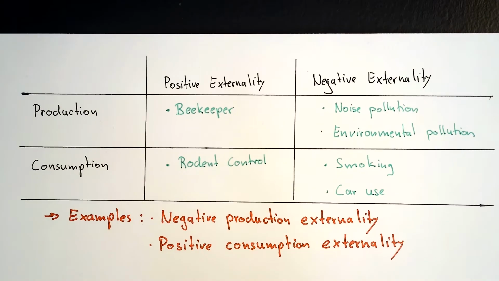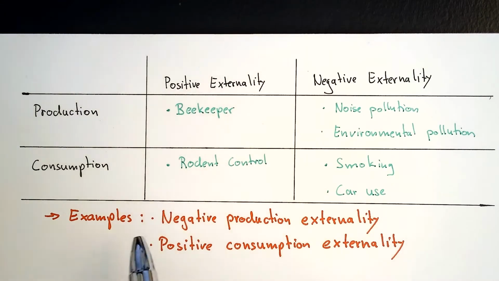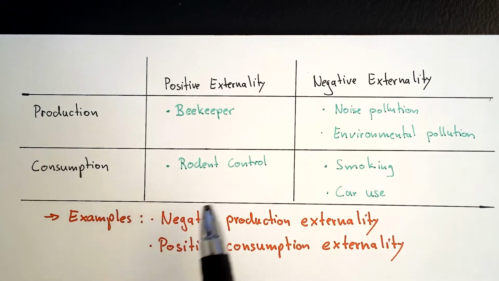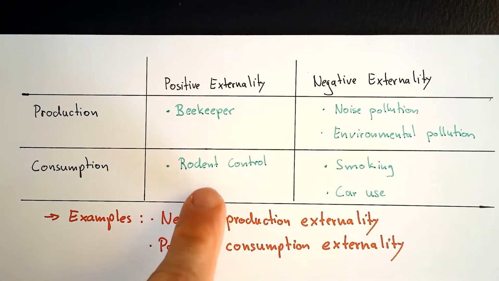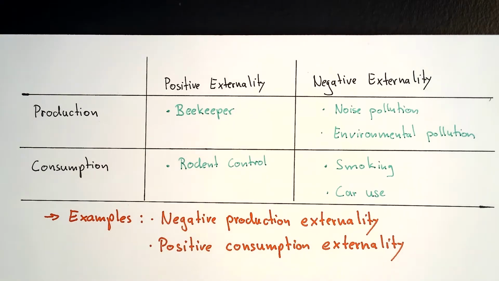Okay, and if the beekeeper does not get compensated for those pollination services, then we are speaking about a positive production externality. Now, on the consumption side, when we're talking about a positive consumption externality, this means that consumers are engaging in consumption, and their consumption has positive effects on society. So here, an example would be rodent control.